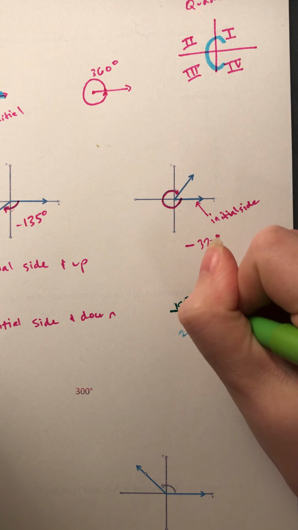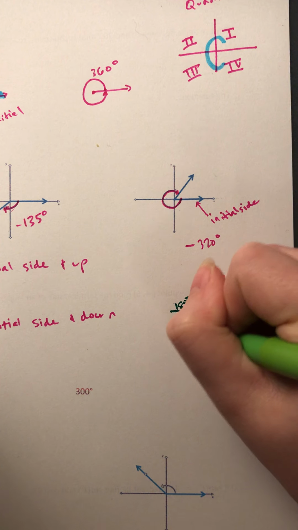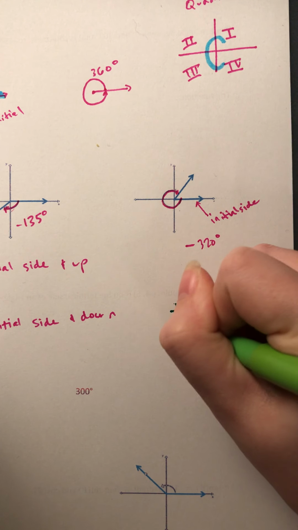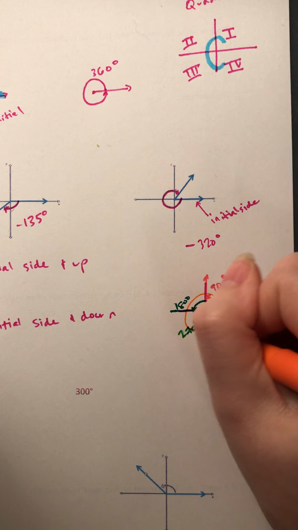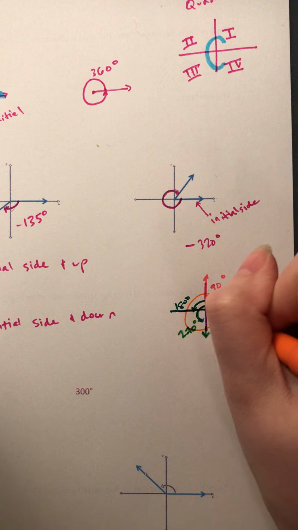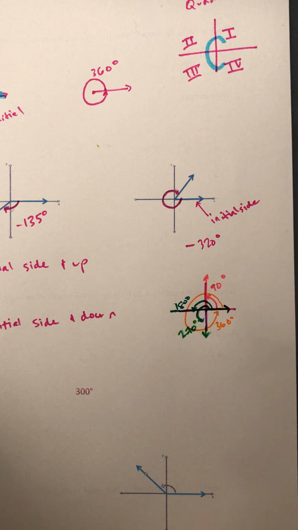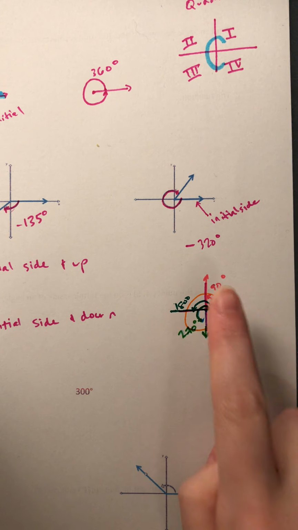We'll make this green, a different green. 270. And then once more, all the way around will be 360 degrees. So you end up back here. So angles in the coordinate plane are usually broken up by these 90 degree chunks.